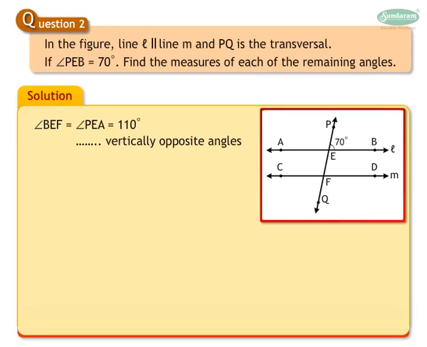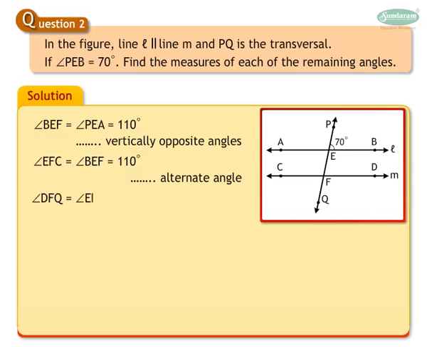Now, angle EFC is alternate angle to angle BEF, so they are equal. Thus, angle EFC is equal to angle BEF is equal to 110 degrees. Again, angle DFQ is vertically opposite to angle EFC, so they are equal.